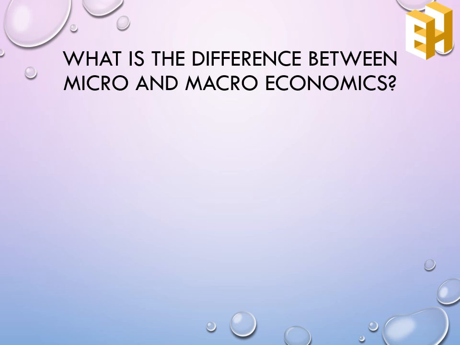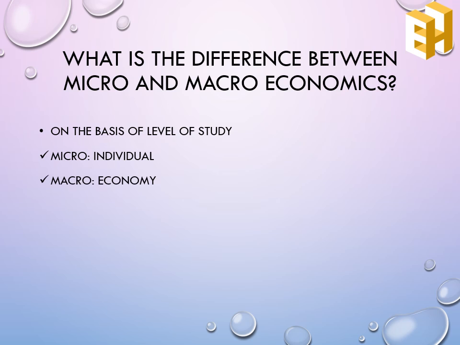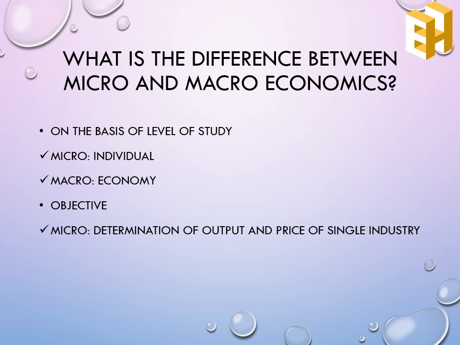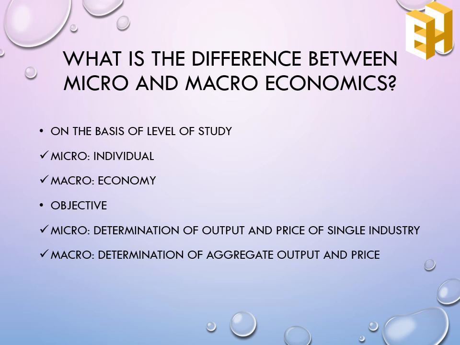After understanding the basic concepts of economics, we need to know what are the differences between micro and macroeconomics. On the basis of the level of study, microeconomics deals with the individual activities, whereas macroeconomics deals with the activities going on in the economy. The objective of microeconomics is the determination of output and price of a single industry in the market, whereas macroeconomics deals with the determination of aggregate output and price.